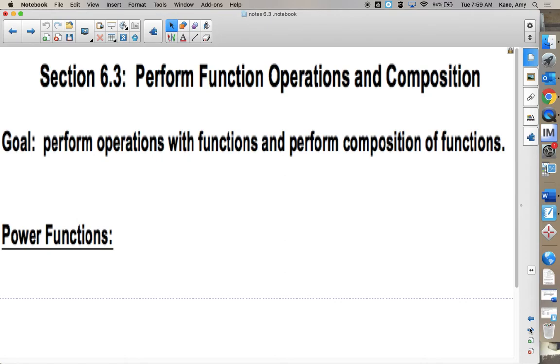So page 13 in your packet. So section 6.3, performing operations of functions, and then tomorrow we're going to do the second part where it says composition of functions. So no, we're not writing physical composition in English, but we're going to see what that means in math.